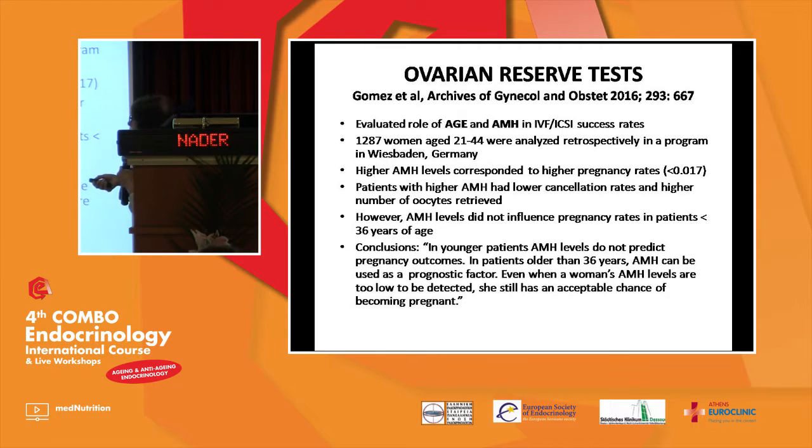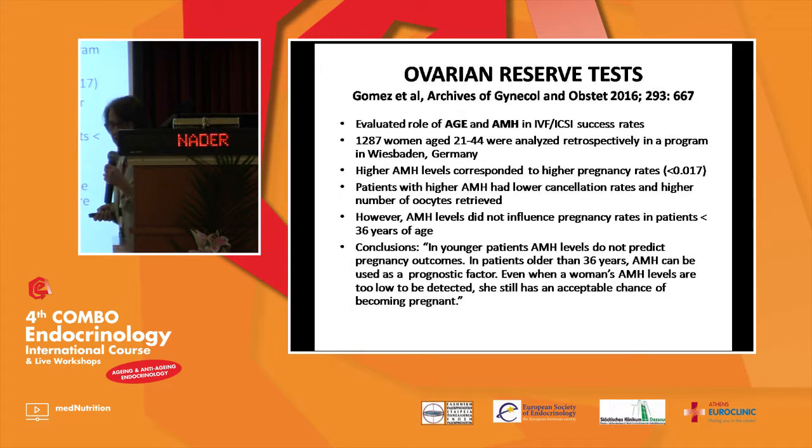And of course, we all know higher AMH levels corresponded broadly to higher pregnancy rates, and patients with higher AMH had lower cancellation rates, as we already know, and a higher number of oocytes retrieved. However, AMH did not influence pregnancy rates in patients who were less than 36 years of age.